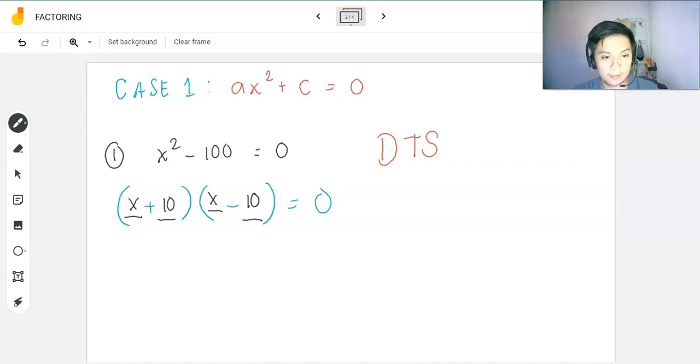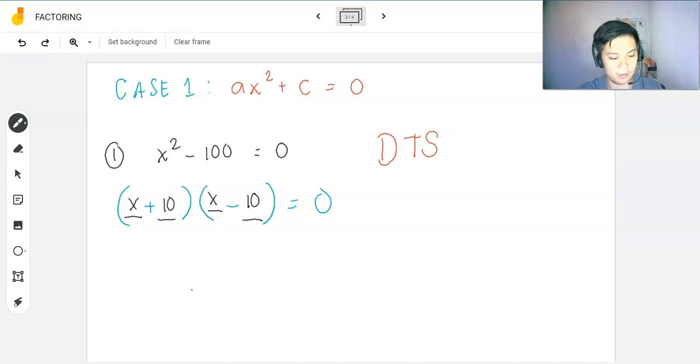So ibig sabihin, this already shows the factored form of the given quadratic polynomial or the quadratic binomial in our given equation. So we do apply now ZPP or zero product property. So we have to put x plus 10. Wait lang, para medyo magulo yung aking pen at saka pen tablet.